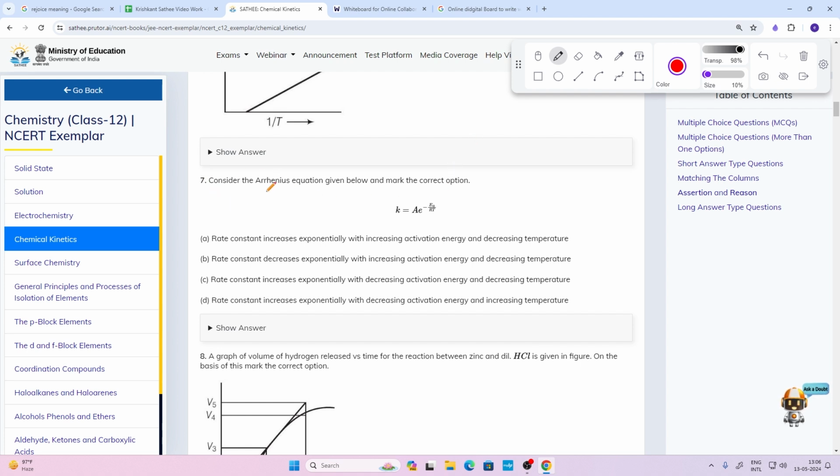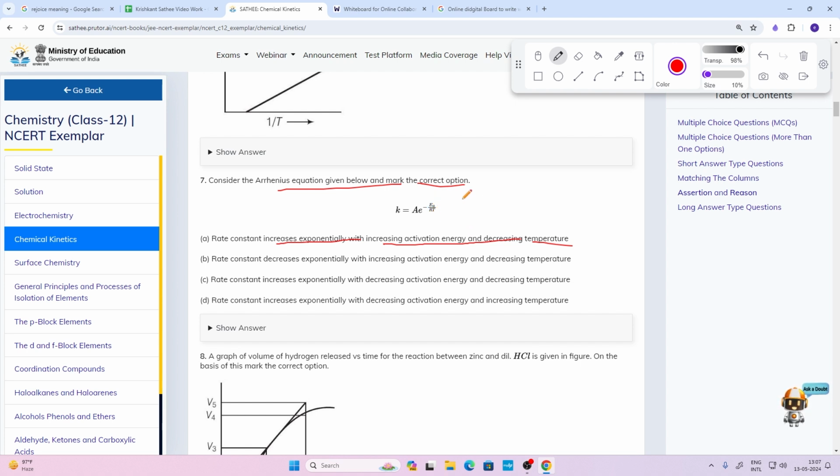Next is, consider the Arrhenius equation given below and mark the correct option. Rate constant increases exponentially with increasing activation energy and decreasing temperature. Can we say that? Rate constant increases exponentially with increase in activation energy. No, because it is e to the power minus EA.